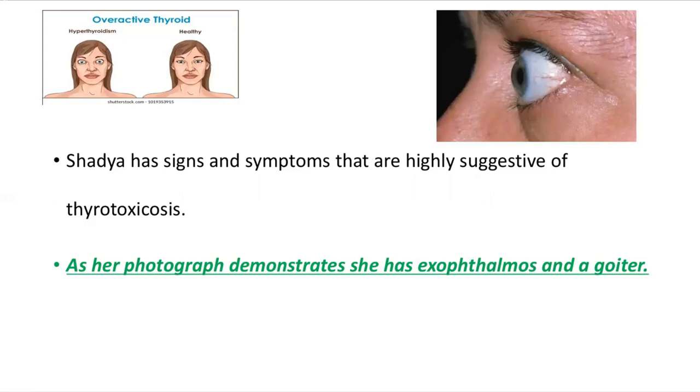Also, she has lost weight, she has menstrual irregularities, she has sweaty hands, and she is tremulous. She has tremors. She is anxious and can't sleep well. So there is symptomatology suggestive of thyrotoxicosis.